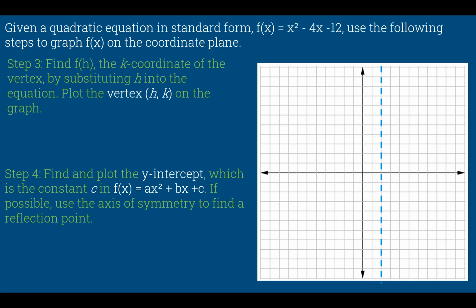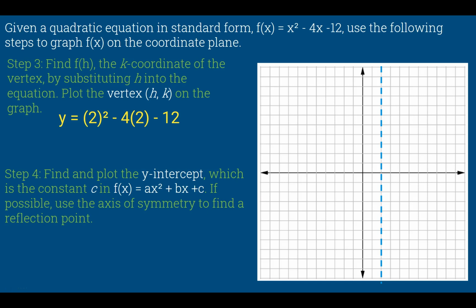For this particular problem, we have x squared minus 4 times x minus 12. So it will be 2 squared minus 4 times 2, minus 12. What is 2 squared? 4. What is negative 4 times 2?